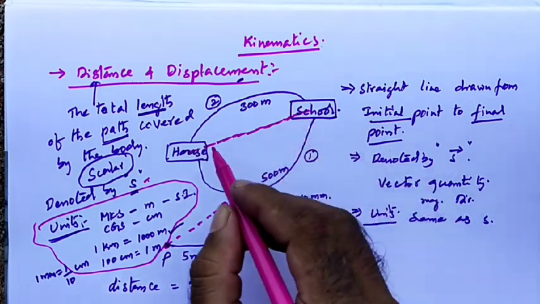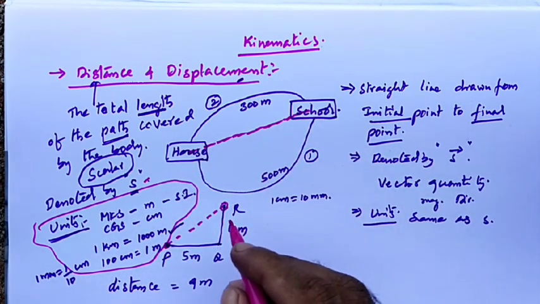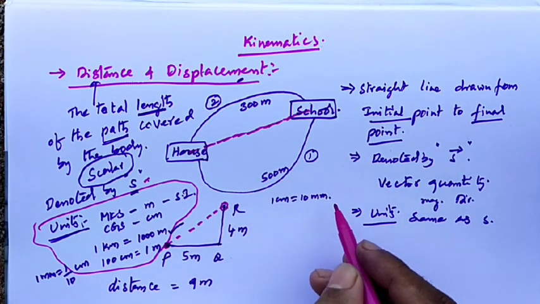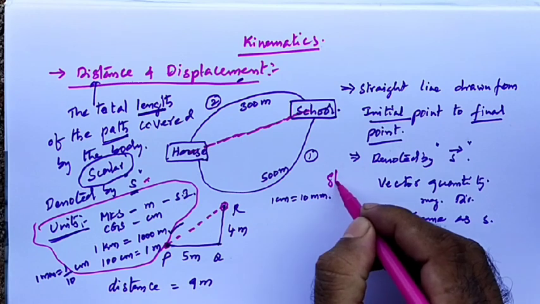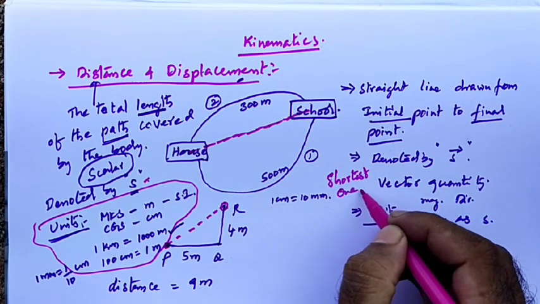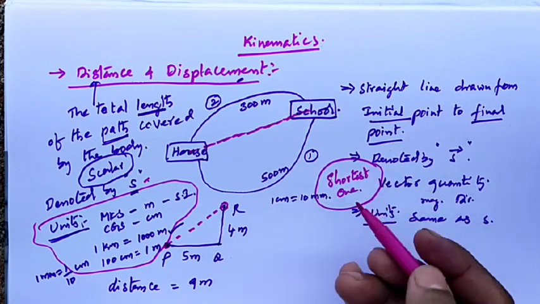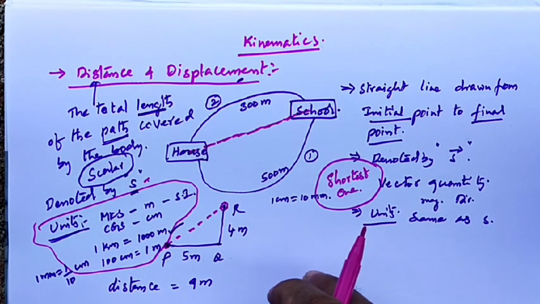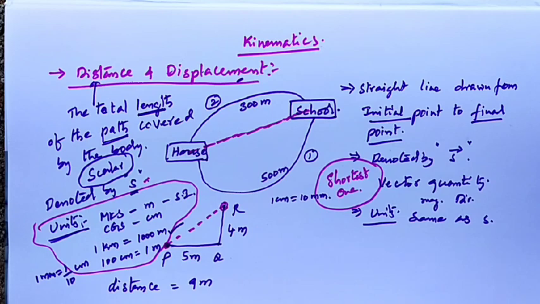Displacement is nothing but a straight line, the shortest distance from initial point to final point. The shortest one is nothing but the straight line; other than a straight line, no shorter path will be available. In this way we identify which is displacement.